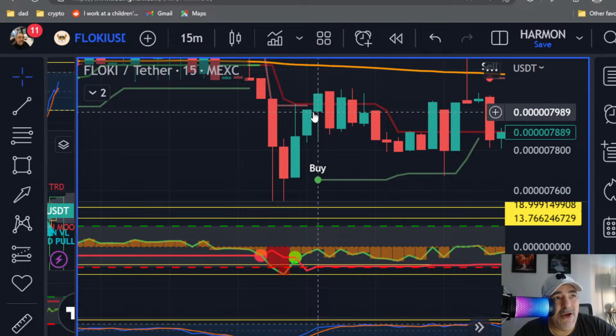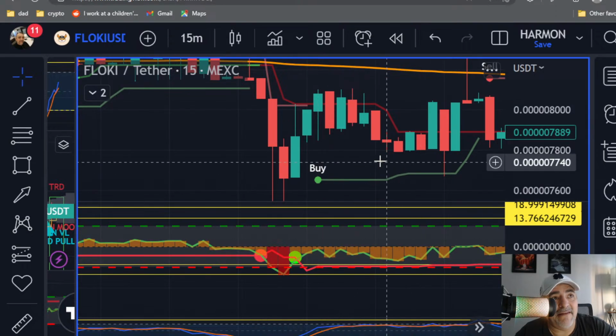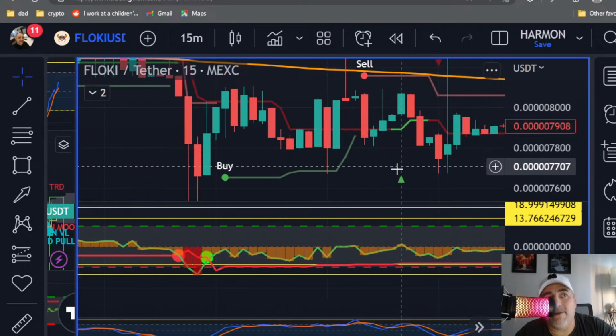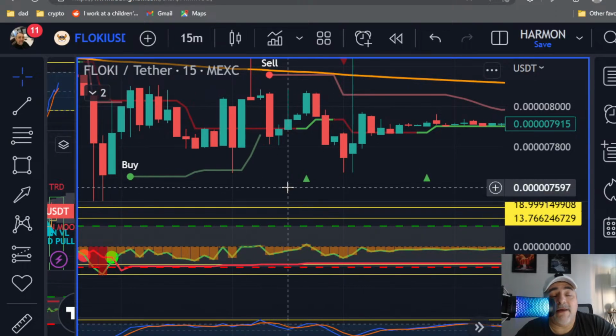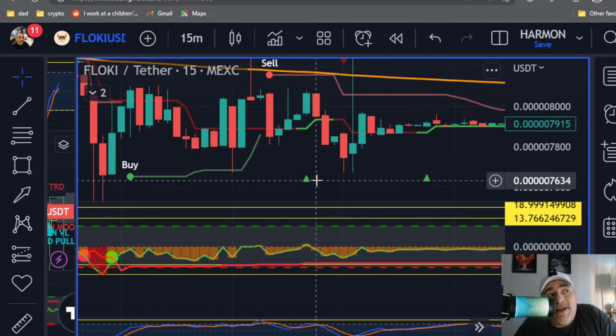Moon and buy signal, 1%. Negative volume, right? Keep in mind what I'm saying, guys. Negative volume. All right, but I mean, 1% is 1%. We're hitting 1%.